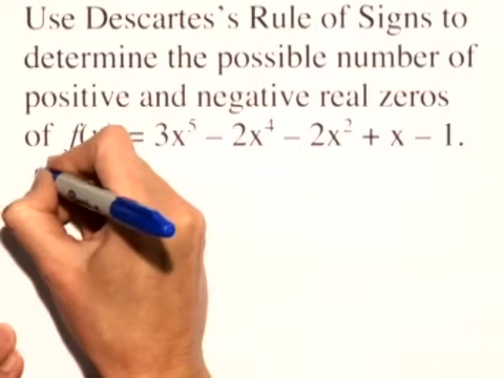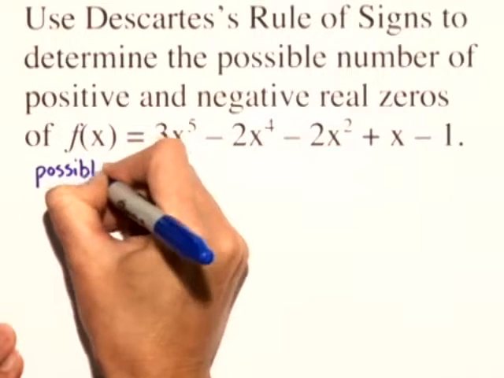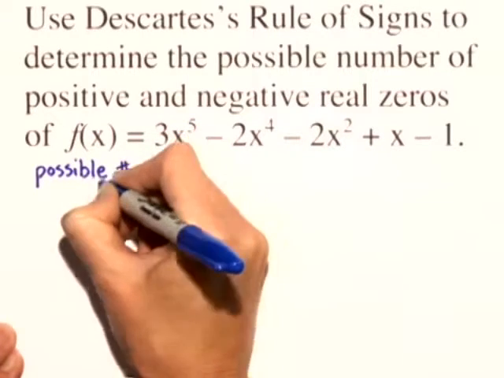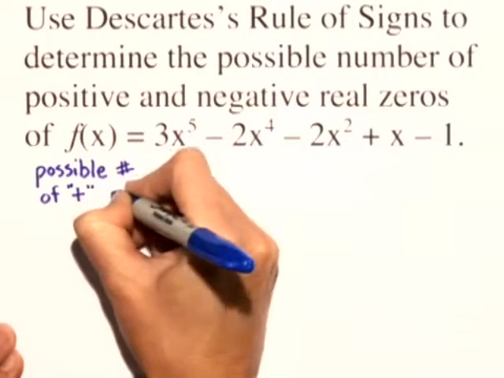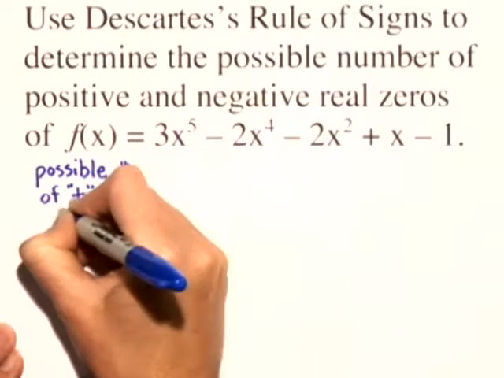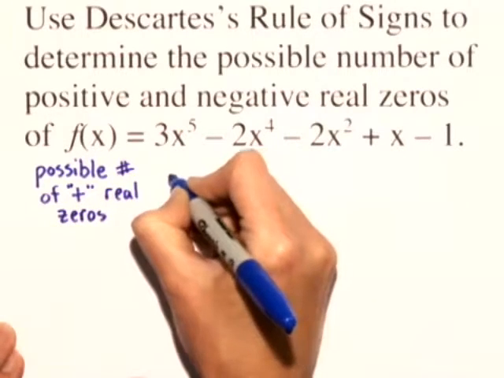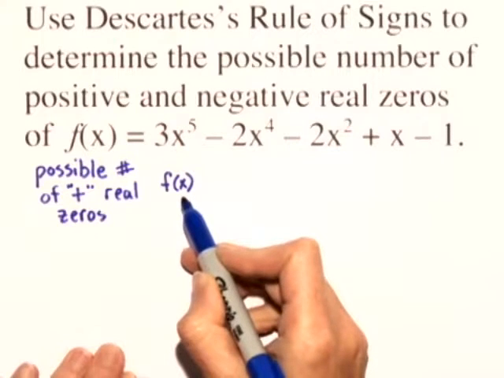So, for the possible number of positive real zeros, we just look at our function f of x, and we really look at how many sign changes we have.